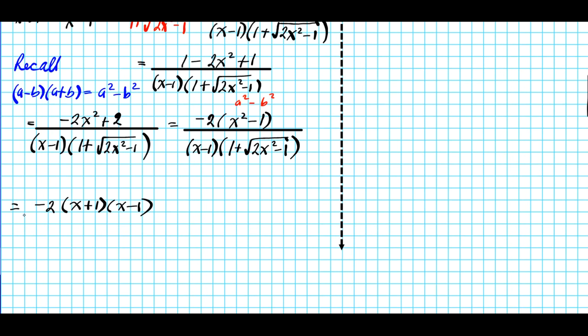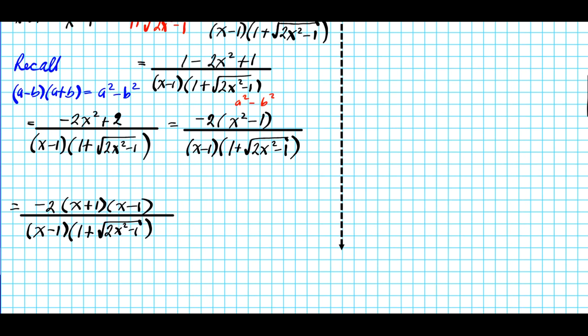So that x minus 1 causing the 0 in the denominator can be eliminated, and hopefully we do not have an infinite discontinuity after that removable discontinuity has been eliminated. So we have x minus 1, 1 plus root 2x squared minus 1.